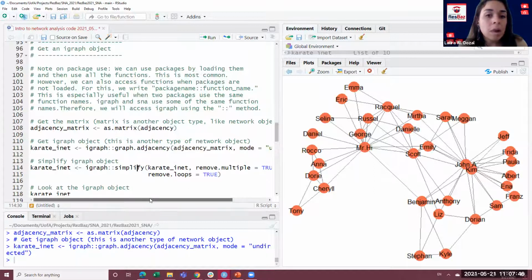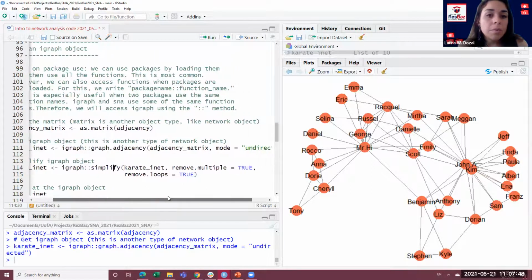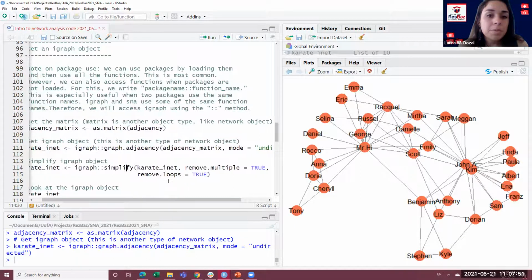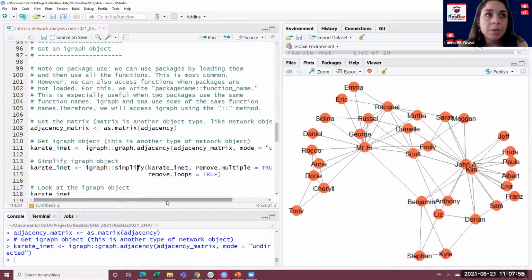So we're going to remove multiple loops. We're going to remove any multiple graph components that might have happened while converting, which probably didn't happen, but I think this is just good practice.